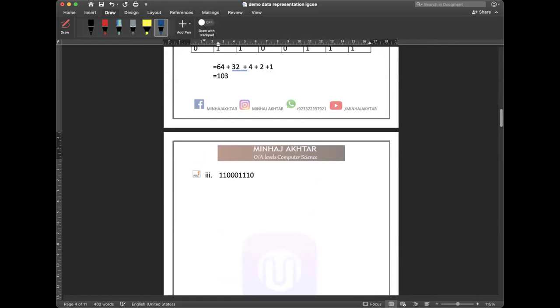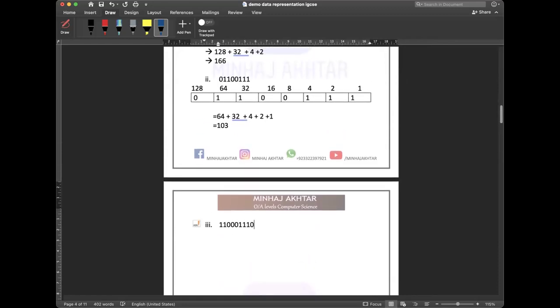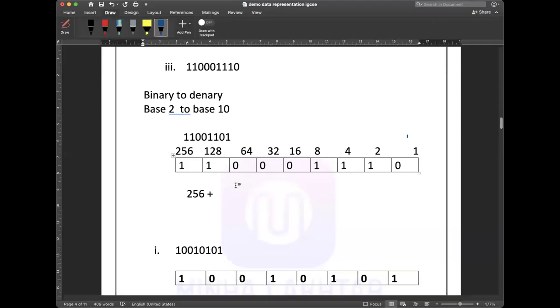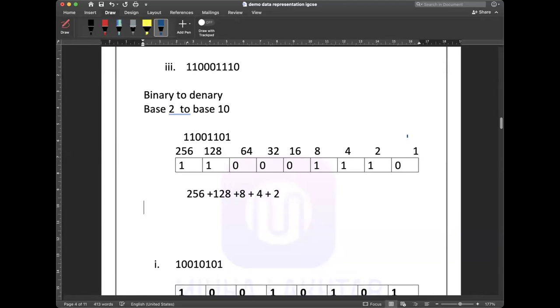Okay, this is your question. So you have to complete question number 2 and question number 3 and let me know. I'm waiting. 128 plus 8 plus 4 plus 2. The answer is 398.